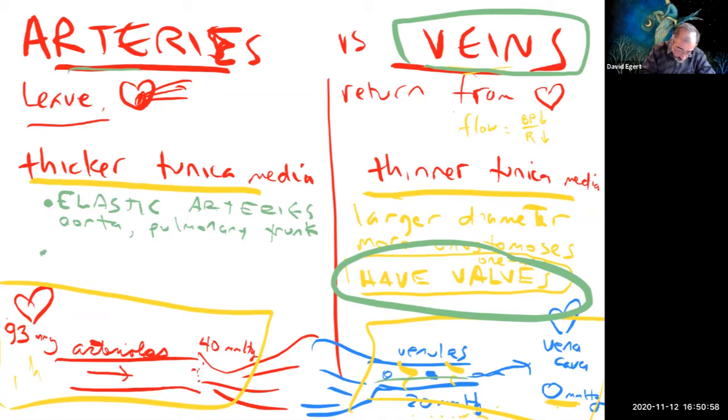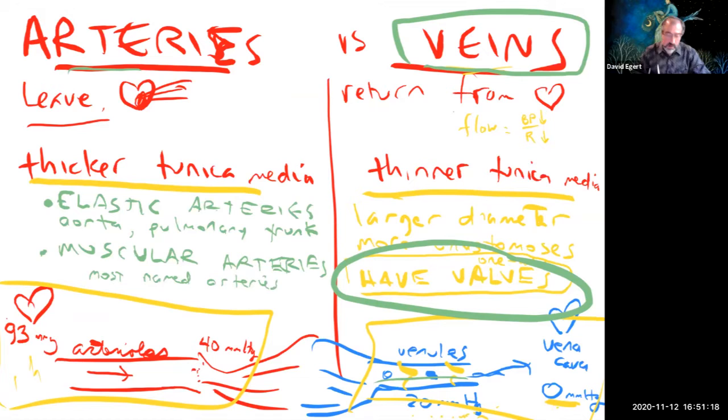More common are what we call muscular arteries. These are like most named arteries: your brachial artery, your radial artery, your femoral artery, all those.